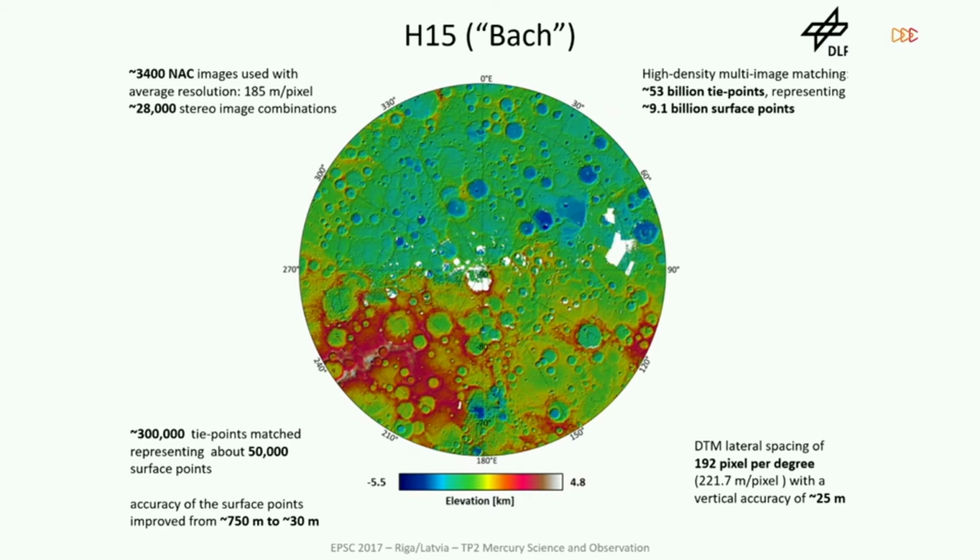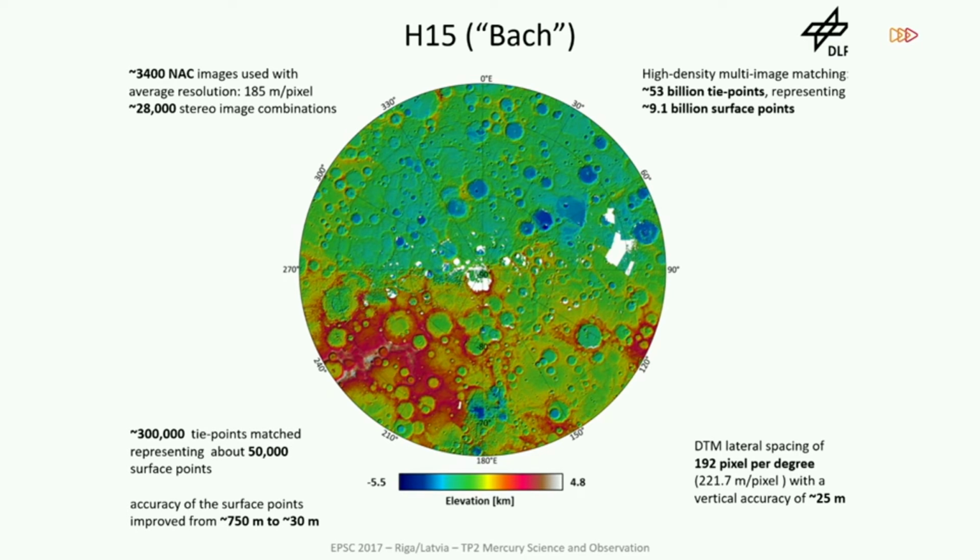And the last but not least is Bach, the H15, the South Polar quadrangle. Here we have a little less than for the other quadrangles. It's a little bit smaller. 3,400 NAC images, no WAC images, because for the image resolution we only took images with less than 300 meters per pixel.